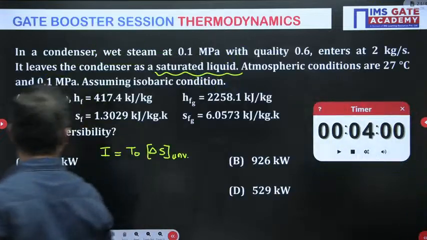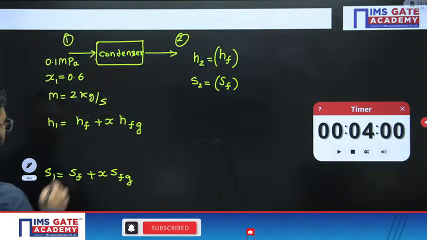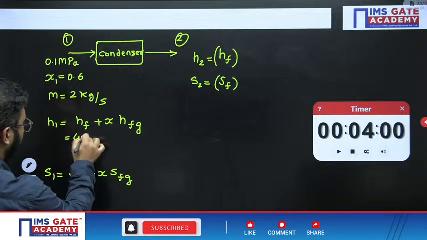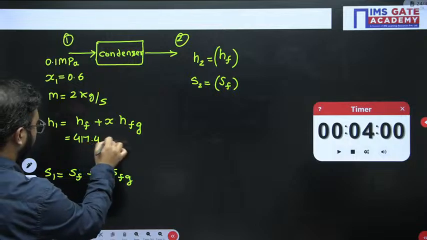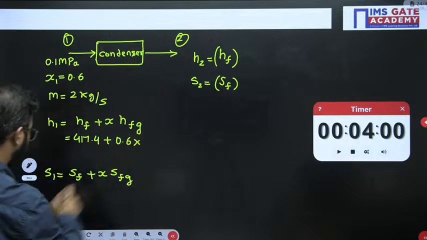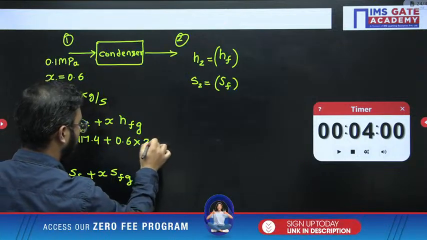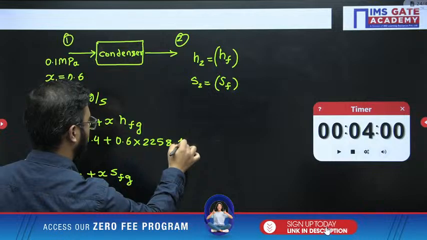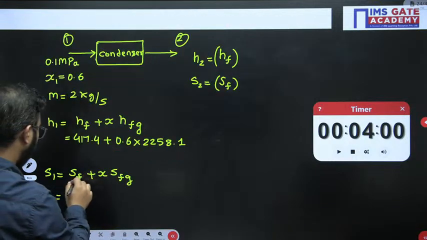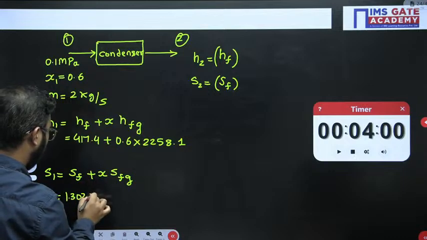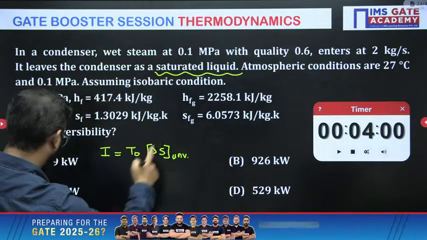Now what are the values they have given? At 0.1 megapascal HF value they have given 417.4, plus 0.6 is the dryness fraction, HFG 2258.1. Now entropy values we will write here: 1.3029 plus 0.6 into 6.0573.